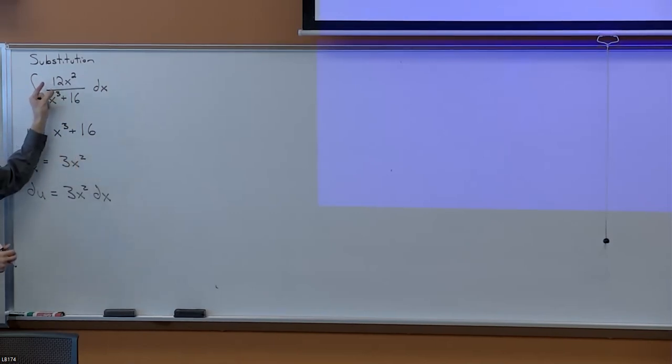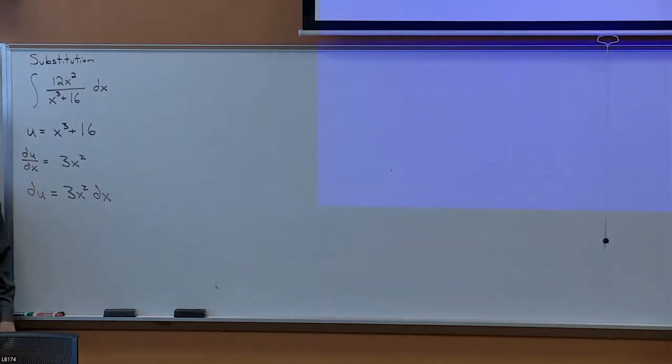And then I can take the 3x squared multiplied in the numerator, just like 3x squared multiplied on the outside of a fraction.